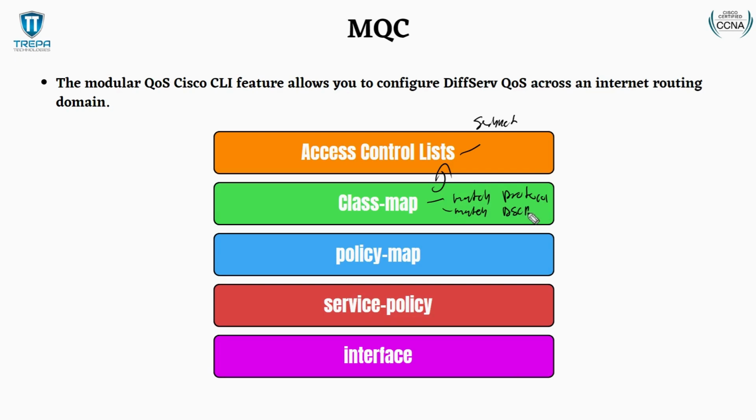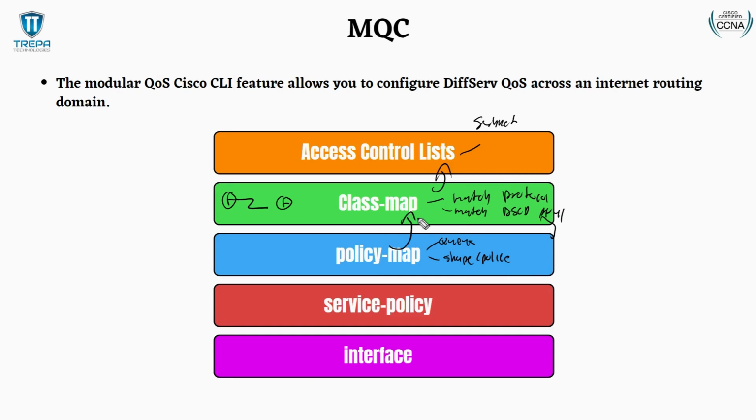So what this means is, if we're the second router here, and router 1 is sending us traffic marked, right? We can see that. We're like, okay, we see that we're getting traffic with the AF41. So we're going to match that traffic and send it to this policy map. And then this policy map is going to decide what you do. So this is going to be where we decide what kind of queuing and how we shape or police that traffic. And this is going to be based off class maps.